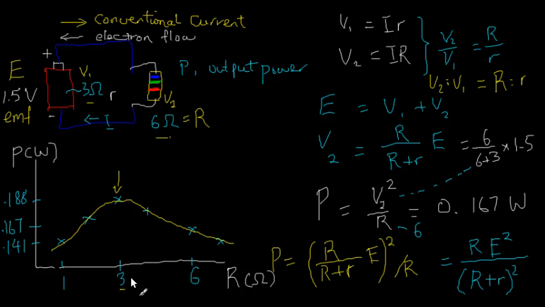And you can actually show mathematically, using calculus if you have learned that, by differentiating the power P with respect to big R, that this function has a maximum when the big R is equal to the small r. So we have an important result here. Whether you try it a few times using a graph to convince yourself, or whether you actually prove it mathematically, we get this result.